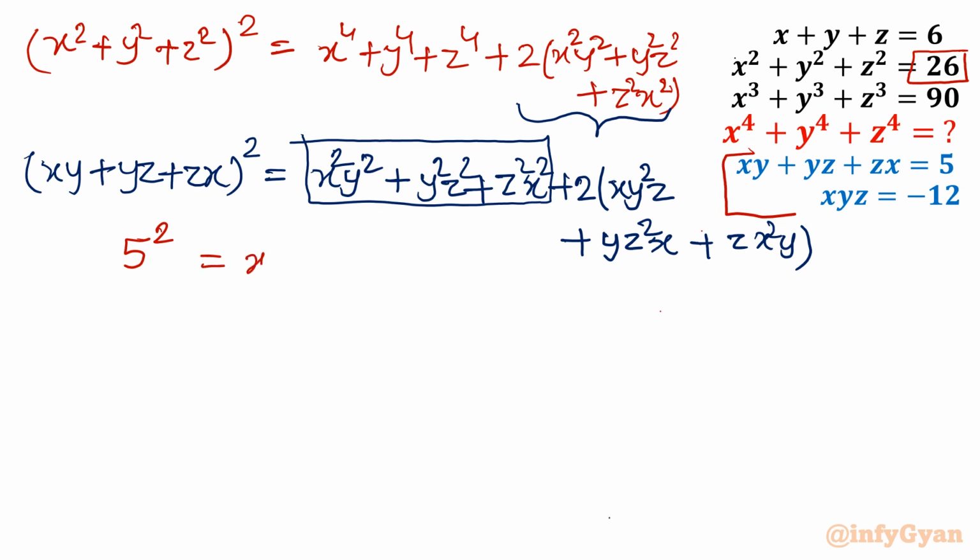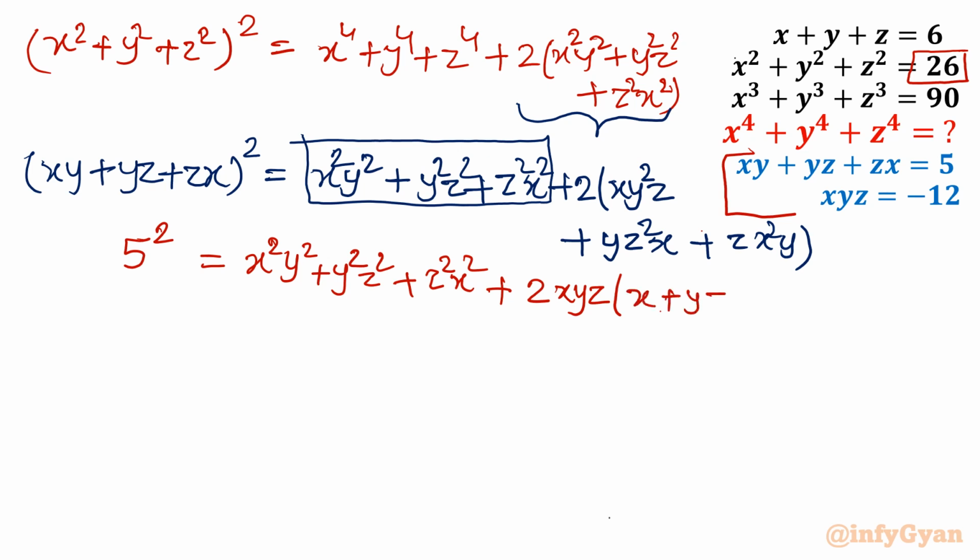On the right hand side, this is required: x square y square plus y square z square plus z square x square, plus, let's take xyz common. So in the bracket there must be x plus y plus z. Now the task is done. This value was required, and see, xyz is equation number 2.